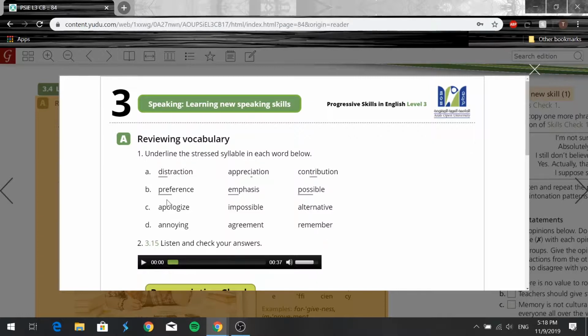Each row has its own style, and we'll talk about that in a second. So apologize, impossible, right after im, so possible, and alternative, around here. And D: annoying, agreement, and remember. So again, the beginning: annoying, agreement, and remember.